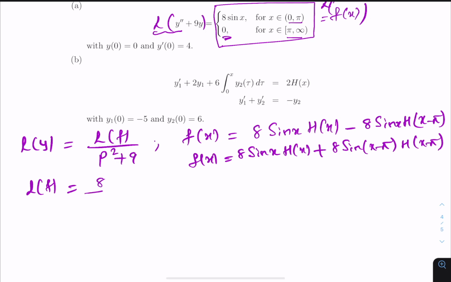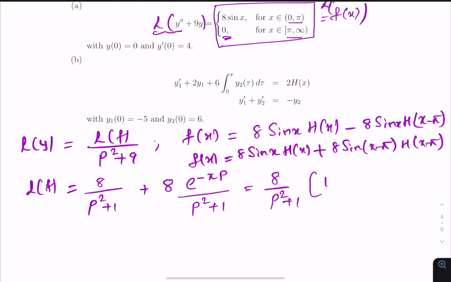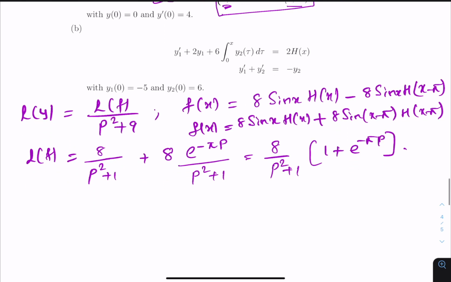So it's 8 over p square plus 1, the first term. The second term is 8 exponential of minus pi p over p square plus 1. This is 8 times 1 plus exponential of minus pi p over p square plus 1. This is the Laplace transform of f.